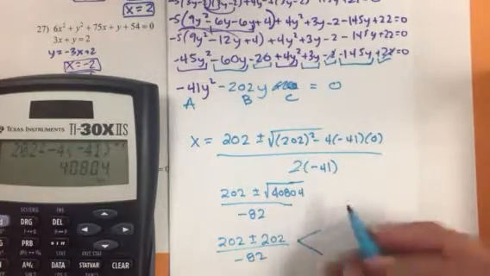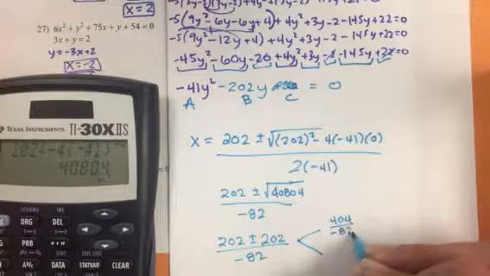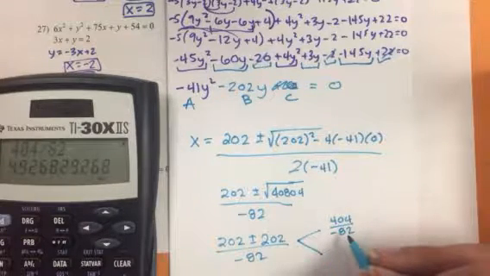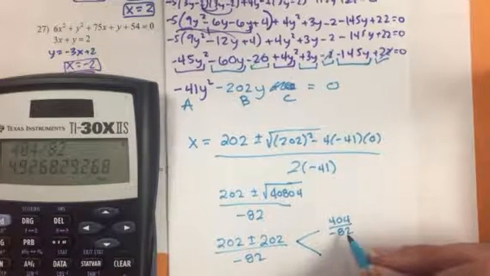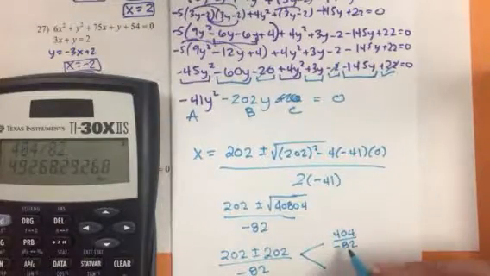So when I add those together, I get 404 over negative 82. Maybe I added something.